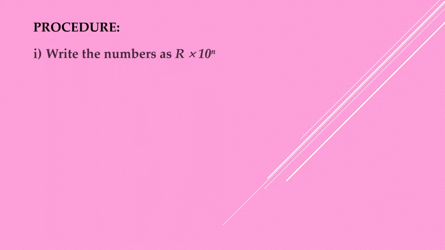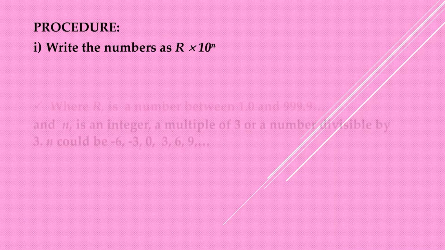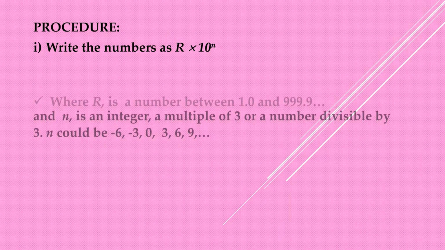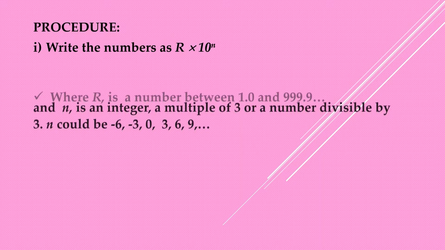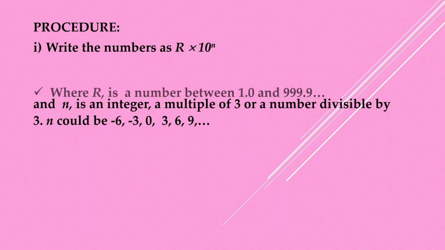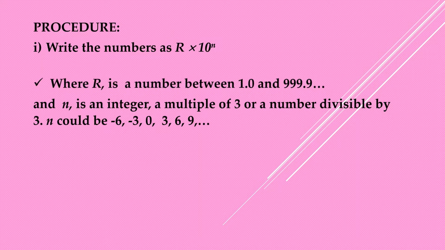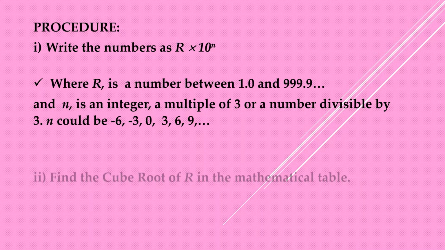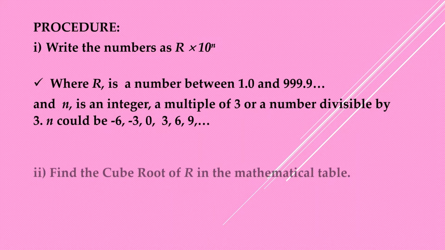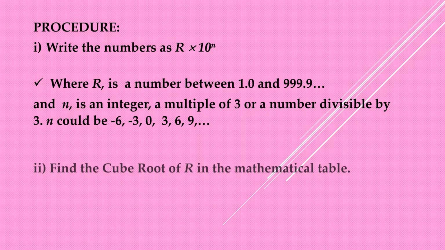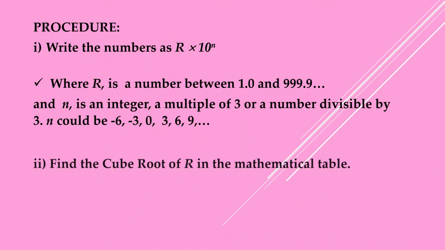The procedure is that, one, we are supposed to write the numbers provided as r times 10 raised to power n, where r must be a number between 1.0 and 999.9, and n is an integer that is a multiple of 3, or a number divisible by 3. n therefore could be the following numbers: -6, -3, 0, 3, 6, 9.